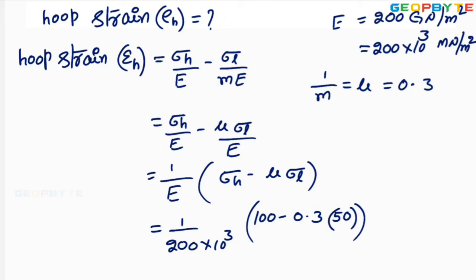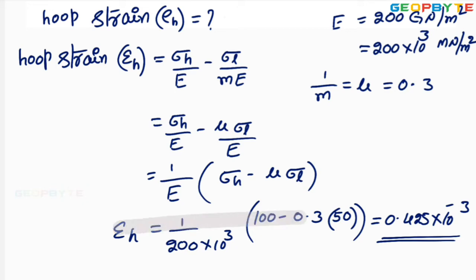You simplify this value to get 0.425 into 10 raised to minus 3 with no units. That is the hoop strain epsilon h, 0.425 into 10 raised to minus 3.